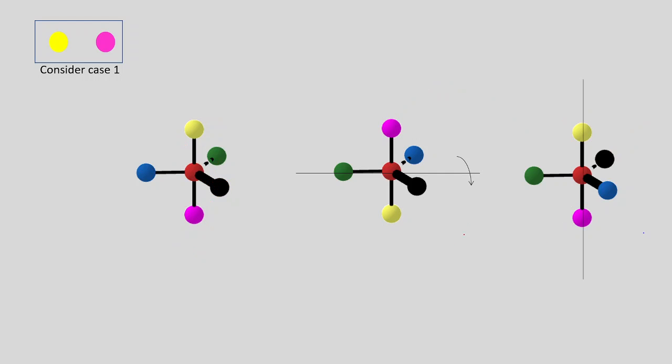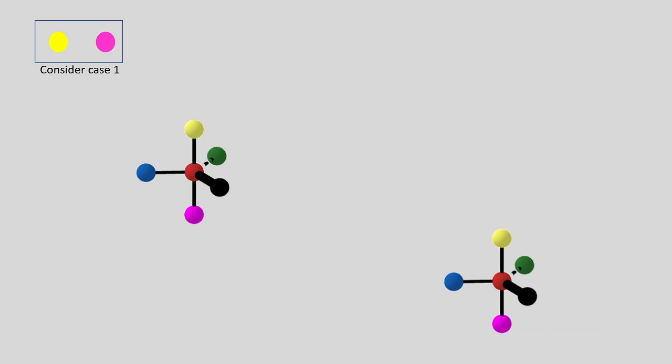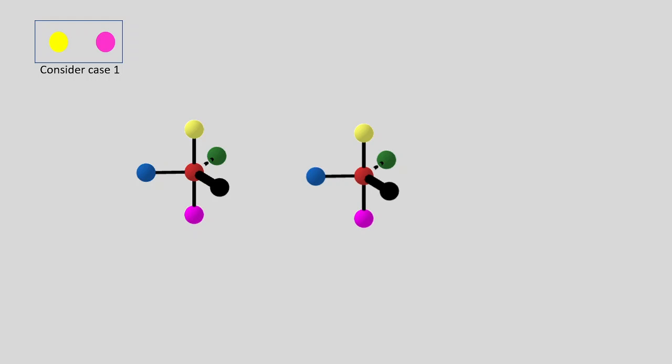You have to imagine the axial axis, going from the yellow to the central atom to the pink, and then you turn the molecule around, I think 120 degrees, to bring this black here and the blue there and the green there, and what you get is this. Let's remove the intermediate figures and compare. These two are superimposable. So we still have only one molecule in this case.